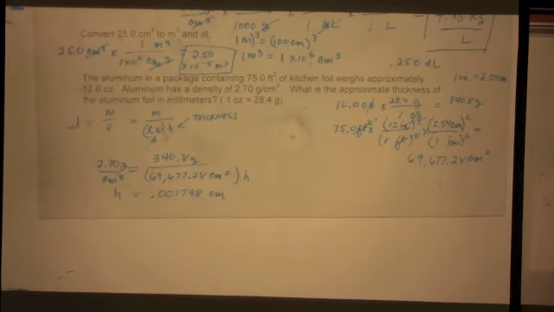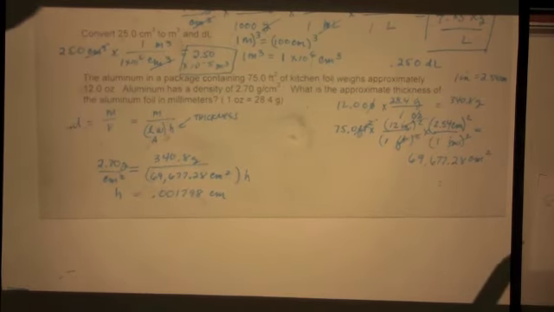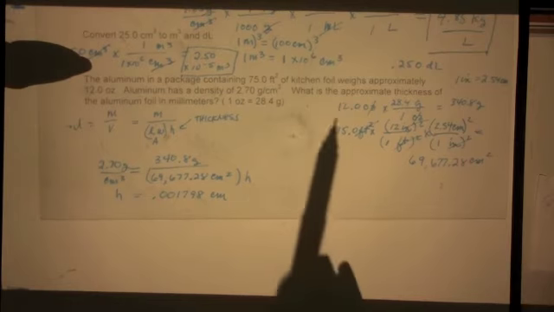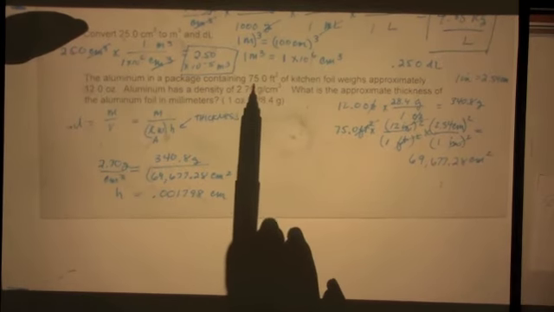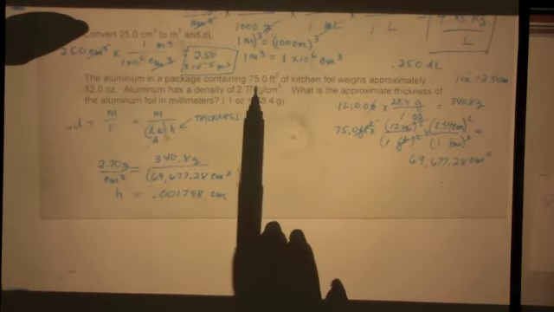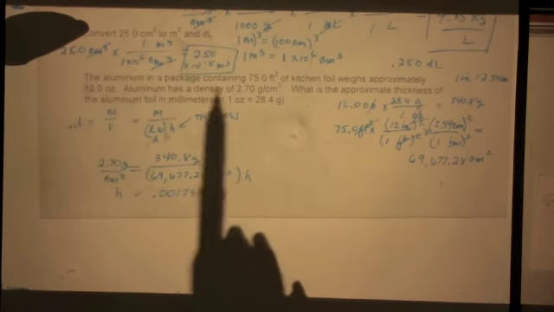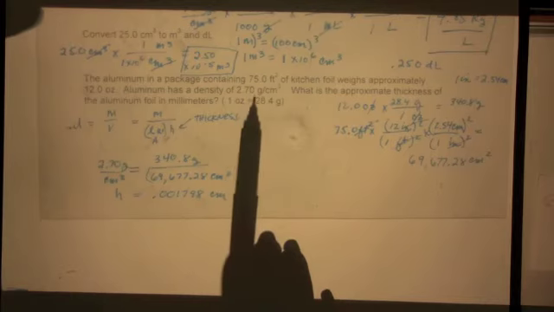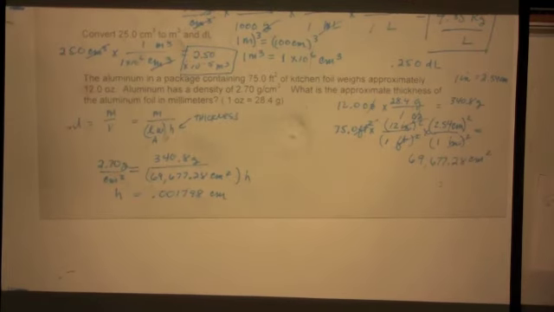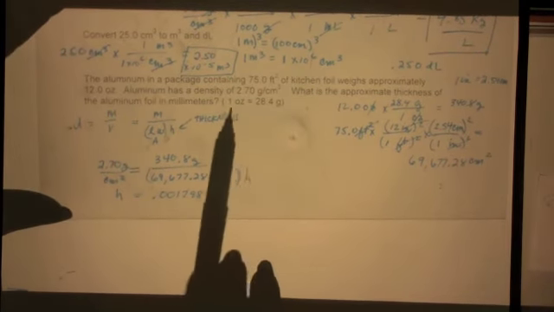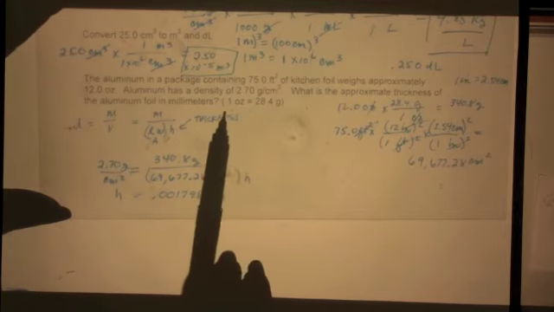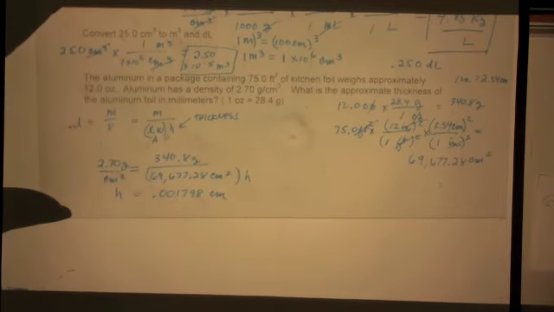Now we have to look at a couple things here. First of all, sig figs. With the sig figs, we started here with 3 sig figs for the area, 3 sig figs for the ounces. We started with 3 sig figs for the density. And our conversion, again, remember with a conversion it's understood to be an infinite number of sig figs.